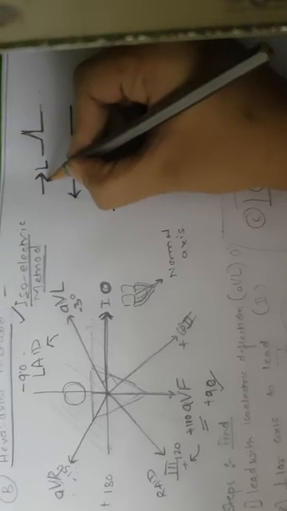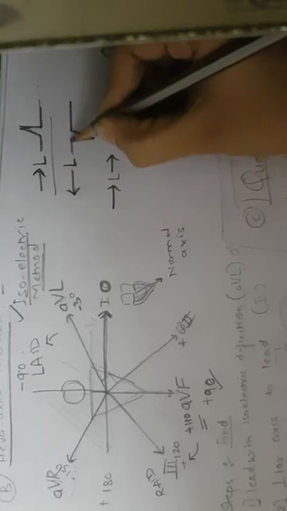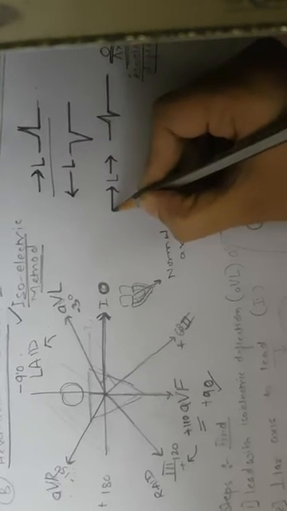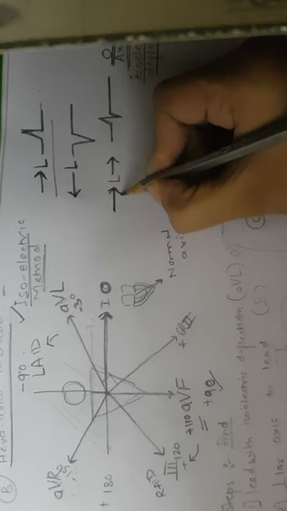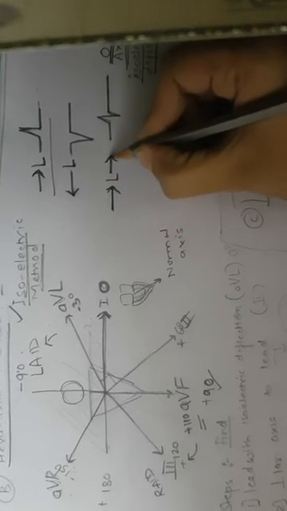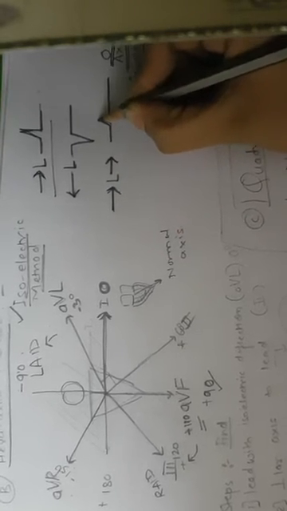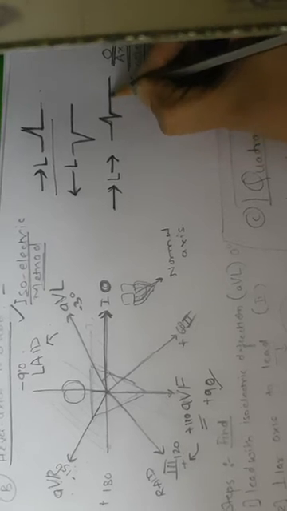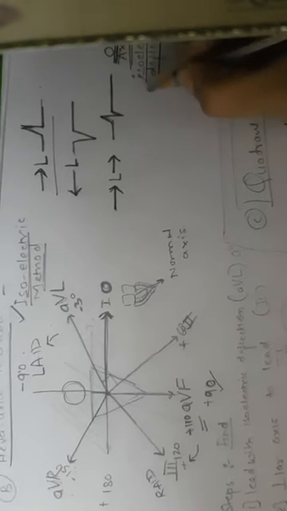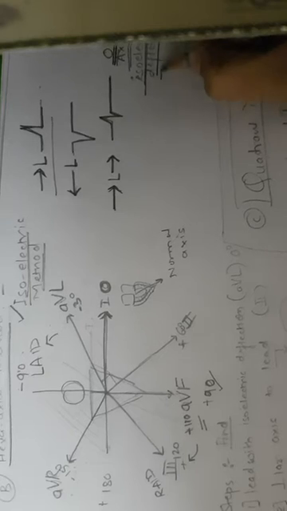When the current is moving towards the lead, it gives a positive deflection. When it is moving away from the lead, it gives a negative deflection, and if the current is coming towards the lead and then leaving the lead, it gives a positive and then negative deflection. That is called an isoelectric deflection across the ECG.